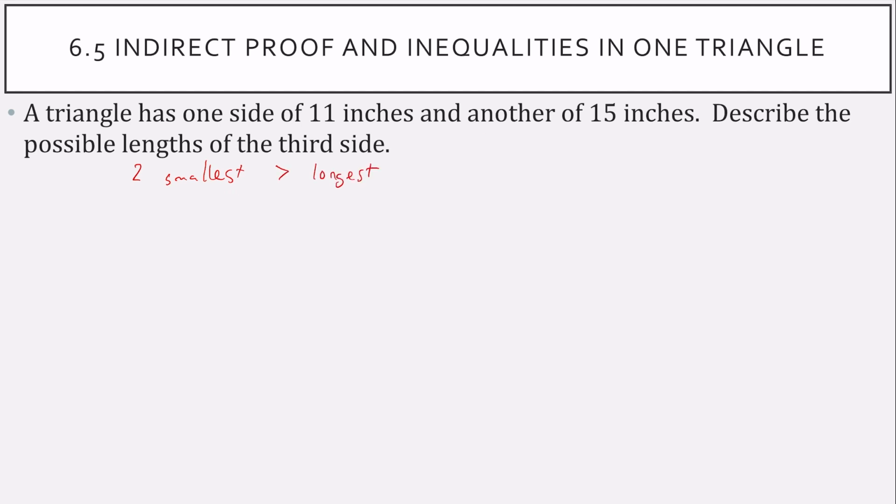And our sides are 11 and 15 and call it x. So if the 15 is the longest, I'd have x plus 11 is greater than 15. Subtract 11, so x would be greater than 4.